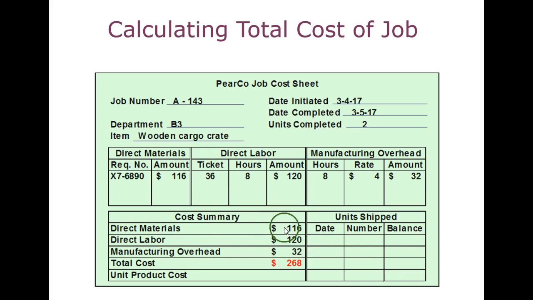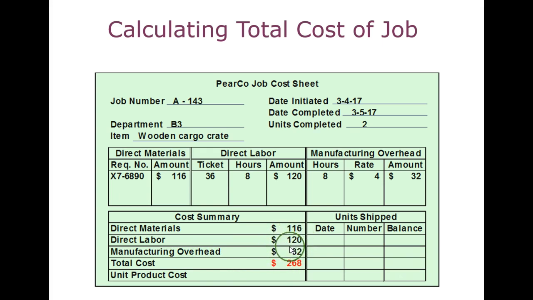So we have the materials cost, direct labor cost, and manufacturing overhead cost. Now here, don't get confused. We've already added direct labor cost of $120. This is the labor we are paying the workers on this job. We did use their hours they worked to help find the amount of overhead we need to attach. So we're not combining these two, we're keeping them separate.